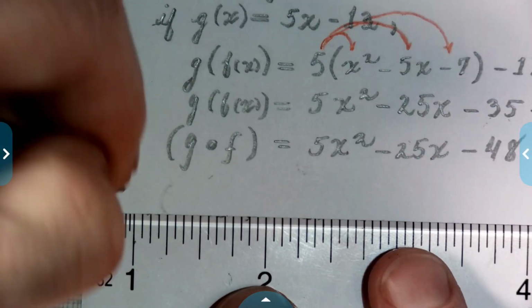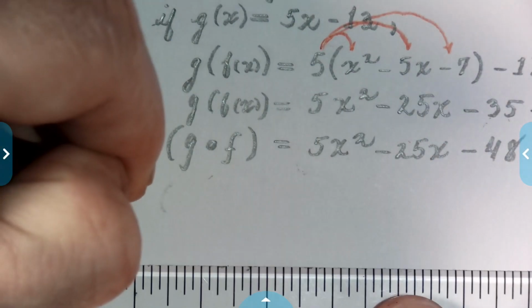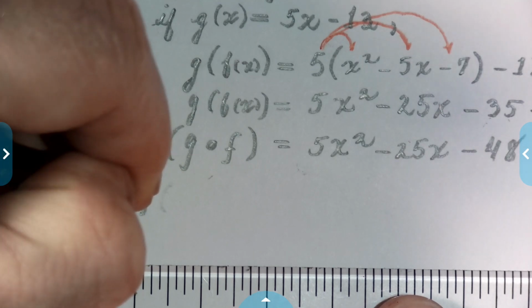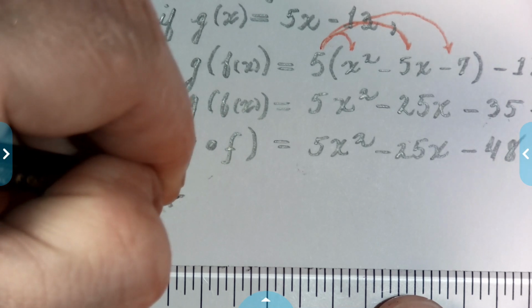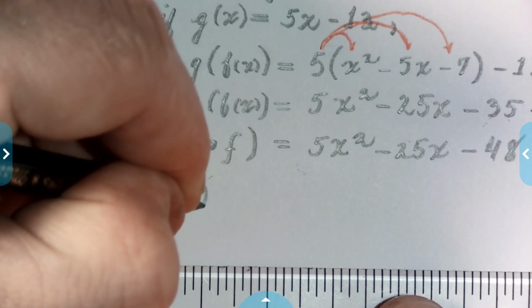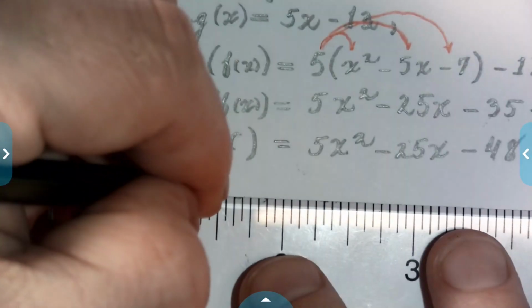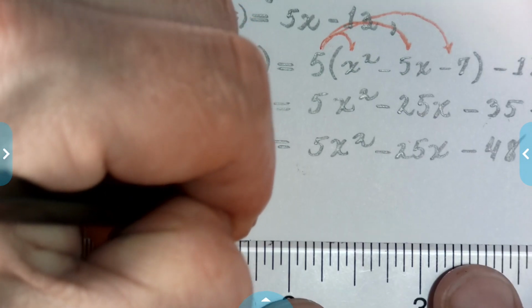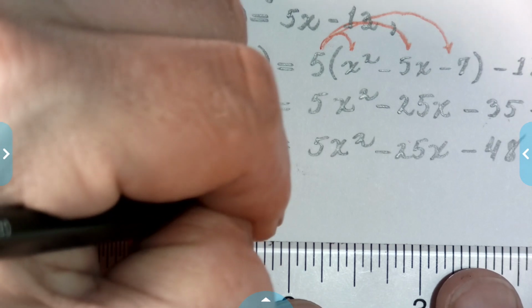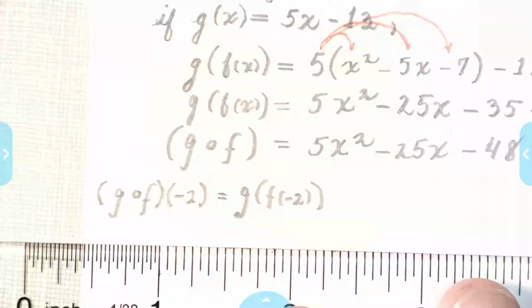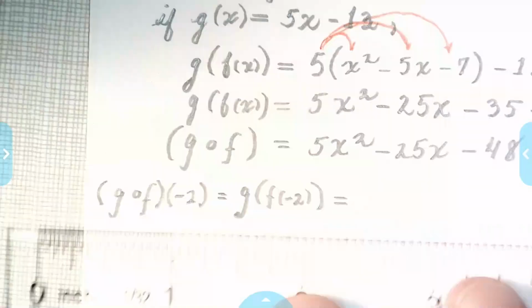Writing it like this, with this G and then this circle F of -2, that is equivalent to writing it as G of F of -2. Those are equivalent. So we're going to actually now evaluate that.